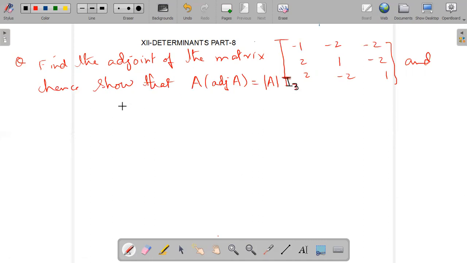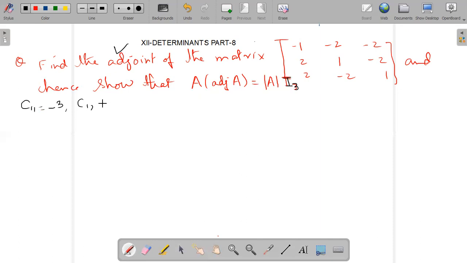So first we find the coefficients, the adjoint. So C11, C12, C13. C11 is -1 raised to power 2 times 1 into 1 minus, plus, all 3, minus 4 plus 1, which is -3. Can I write directly? Are you understanding?